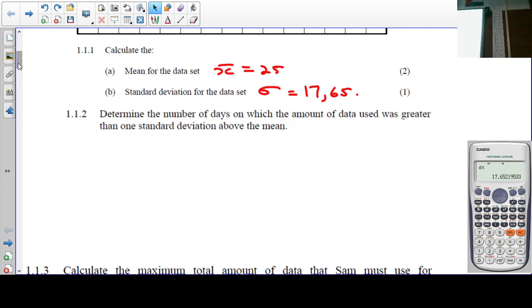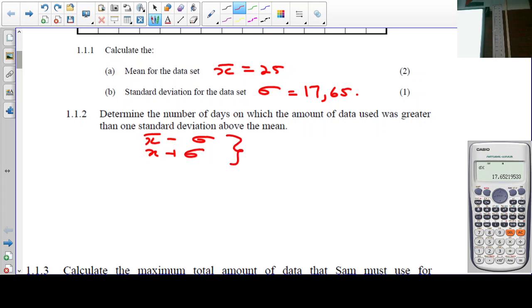Normally the question is, calculate the number of days that the data lies within one standard deviation of the mean, and what we normally do is say our mean minus the standard deviation, and our mean plus the standard deviation, and we take the range between that and count the values lying between them. However, here they're asking you for greater than one standard deviation.